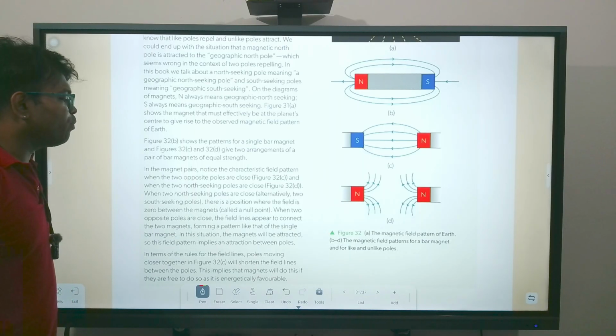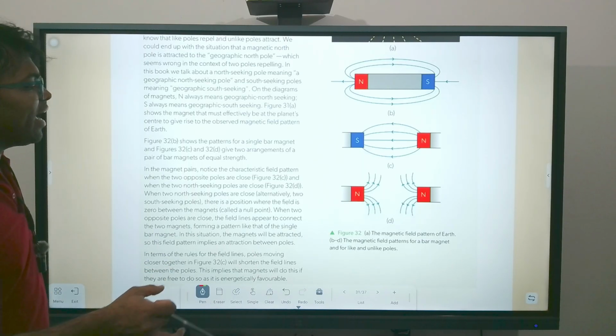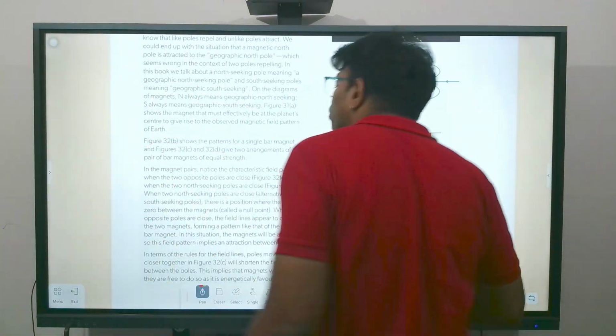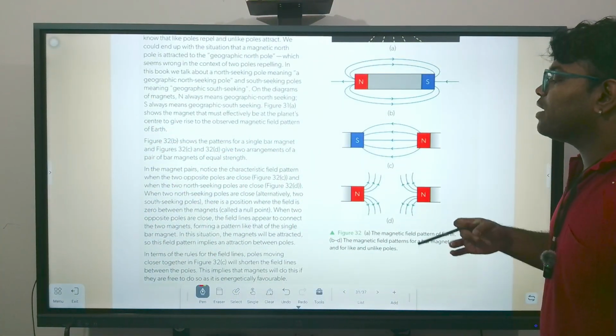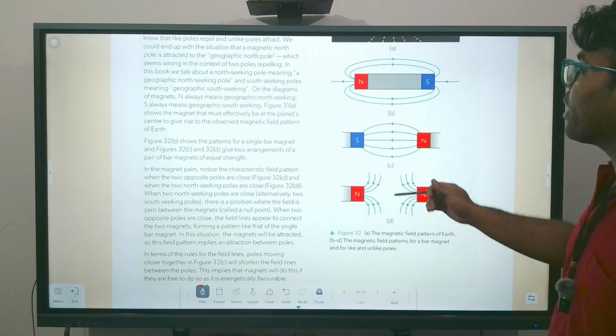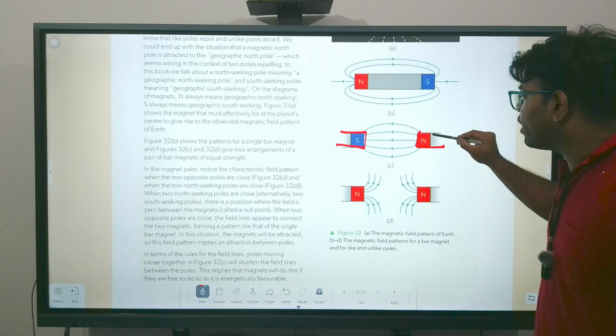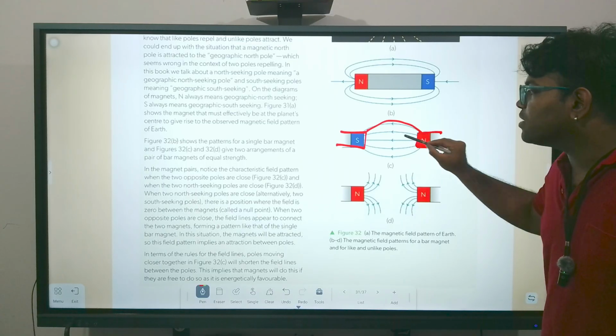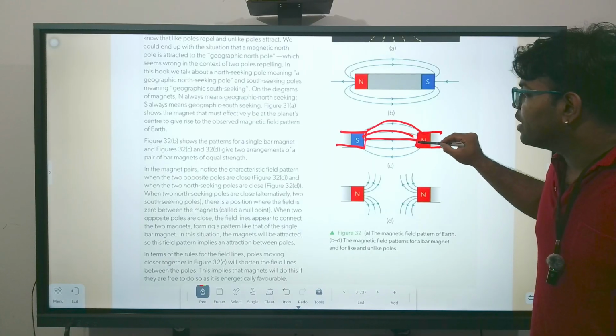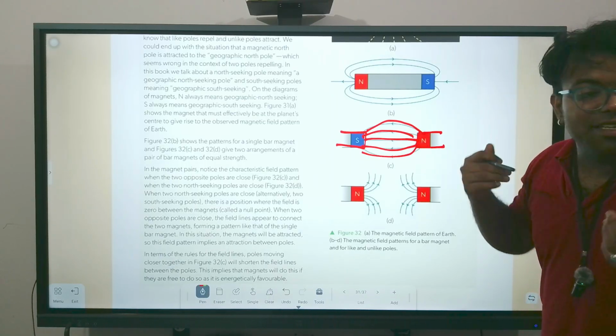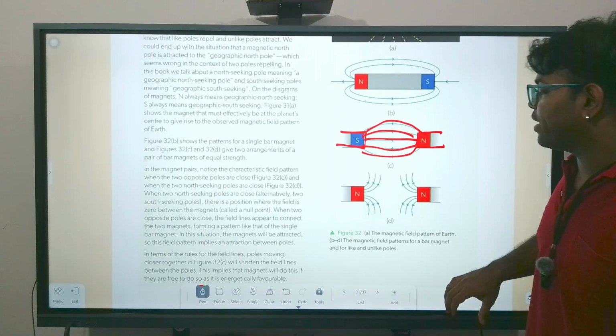When two opposite poles are close, the field lines appear to connect the two magnets, forming a pattern like that of a single bar magnet. You have one south pole and one north pole like this, and the field lines are going like this. It just behaves like a single bar magnet.